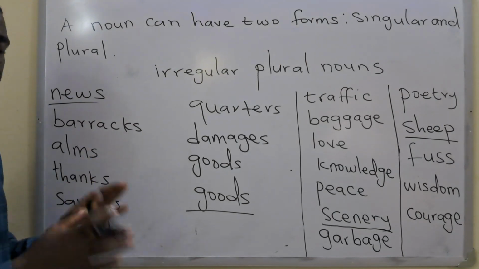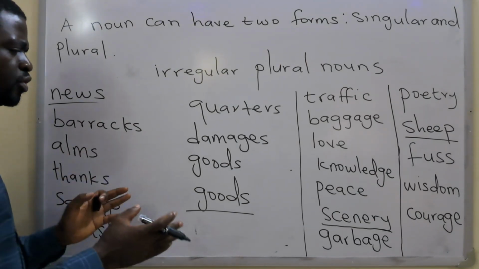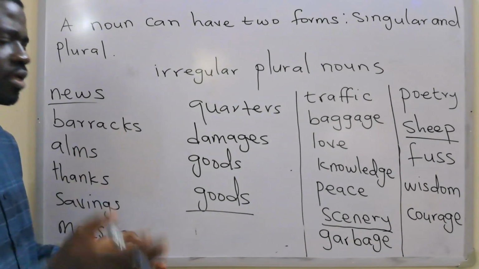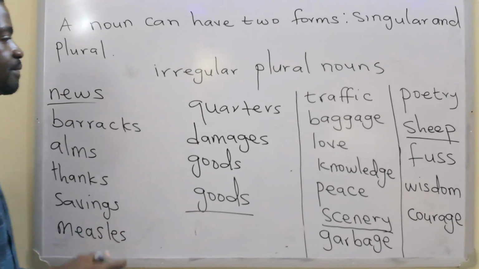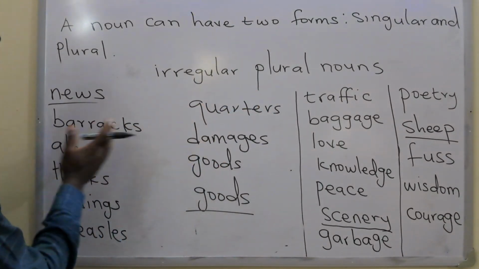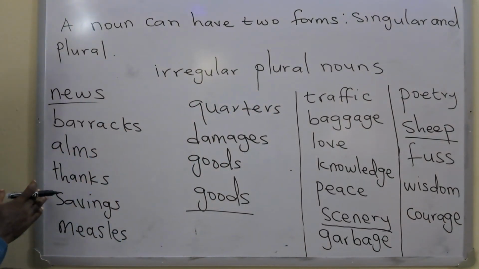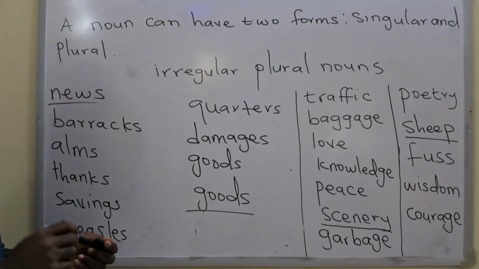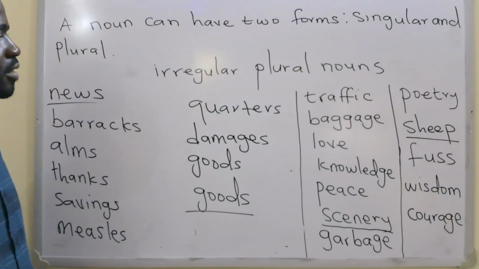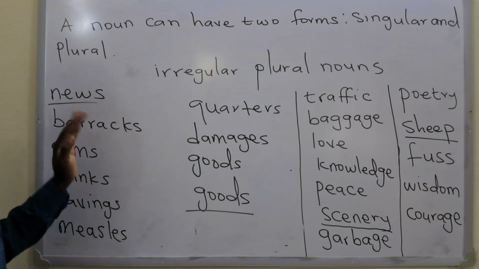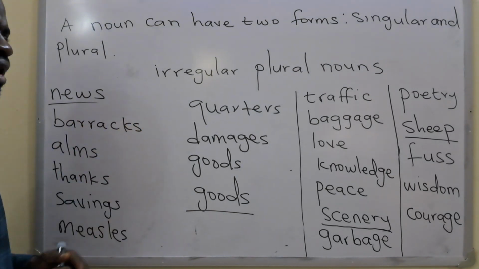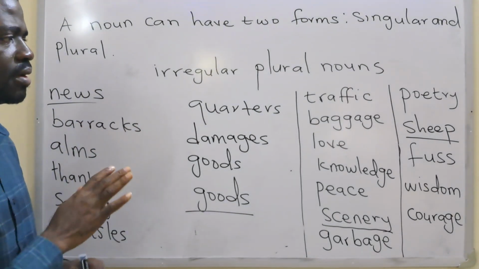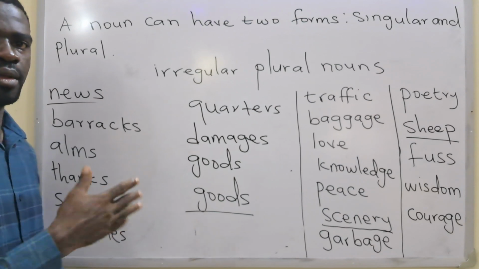Even if it's singular, it doesn't change to show you whether it's plural or singular. It's always written with the S. Quarters, damages, barracks, arms, thanks, savings, news, and so on and so forth. So, these are some of the irregular nouns we have and how you can identify them.